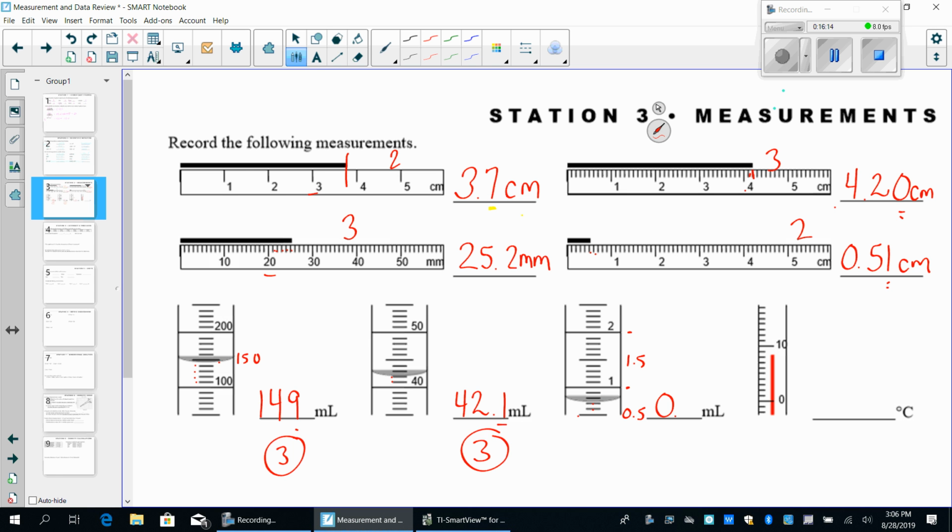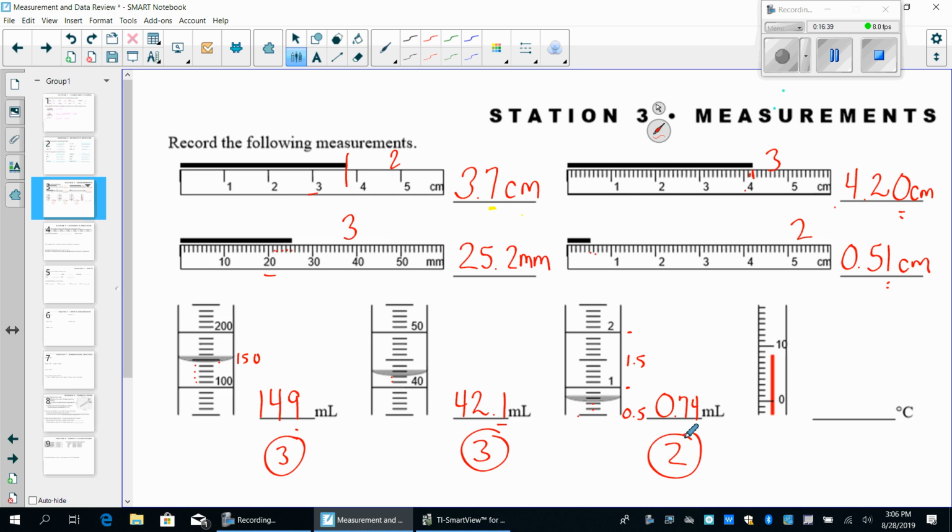So 0.7, and then it falls a little bit in between the 0.7 and the 0.8. So you go by a tenth, 0.7, and I would say maybe 4, because it doesn't look like it's exactly half. But again, somebody else might say 0.75. So that reading would have 2 significant figures.